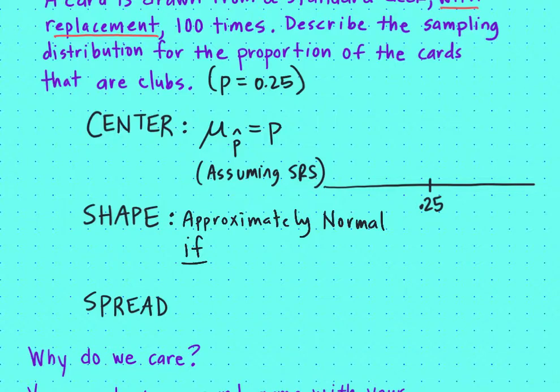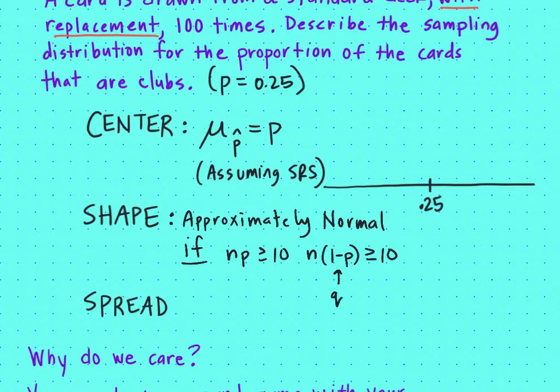For this, the conditions are n times p is at least 10, and n times 1 minus p is at least 10. And I, again, sometimes call 1 minus p q. But that basically just means we expect to see 10 successes and failures. If I draw 100 times, I should see about 25 clubs and 75 non-clubs.